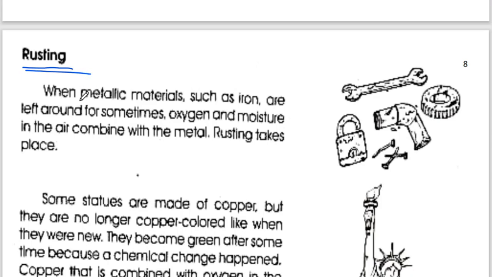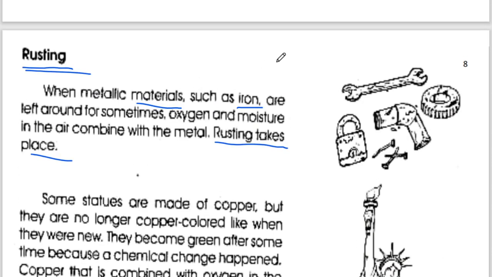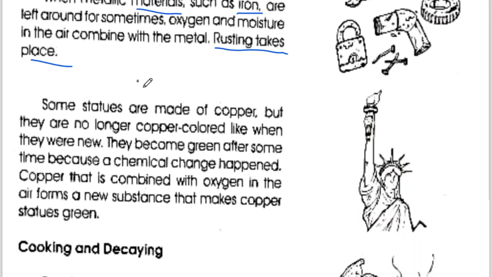When metallic materials such as iron are left around for some time, oxygen and moisture in the air combine with the metal, so rusting takes place. So the substance may change. There will be a chemical reaction.